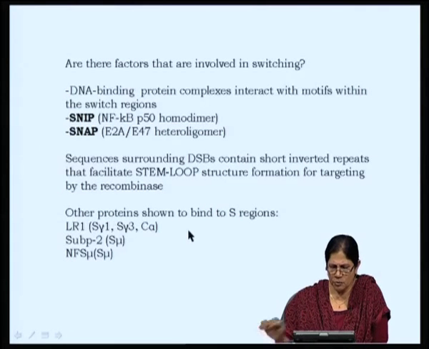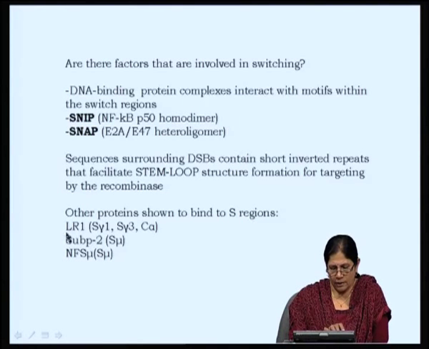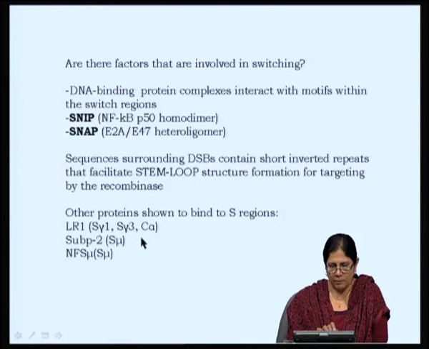There are other proteins which have also been shown to bind to the switch region gene segments, and they are LR1 in case of the switch region for gamma 1, gamma 3 and it should be S alpha. It should not be C alpha, this denotes constant, but we are talking about the switch. So, this should be S alpha.